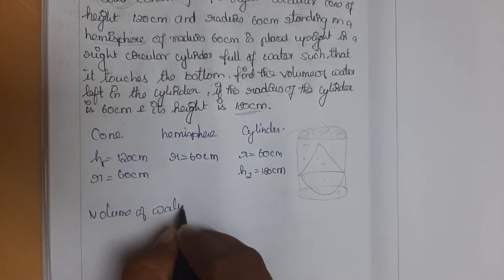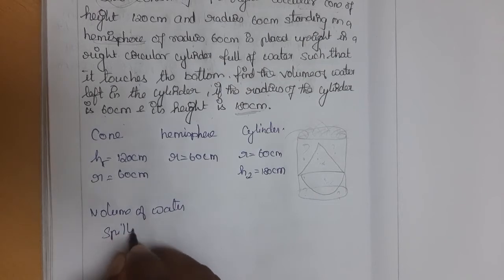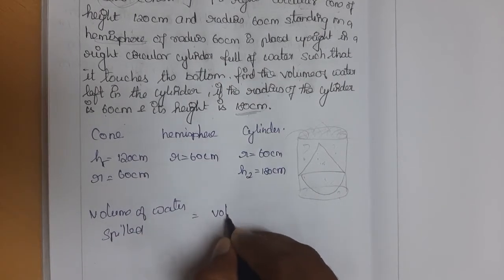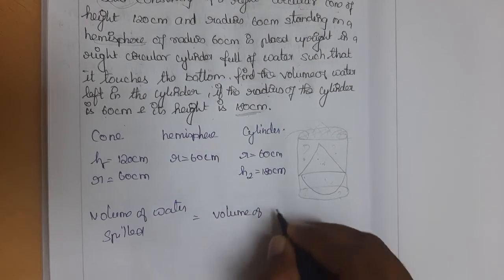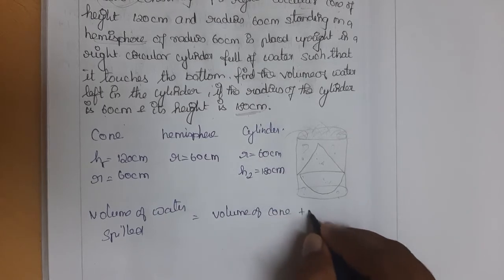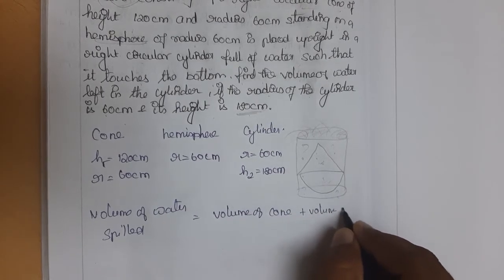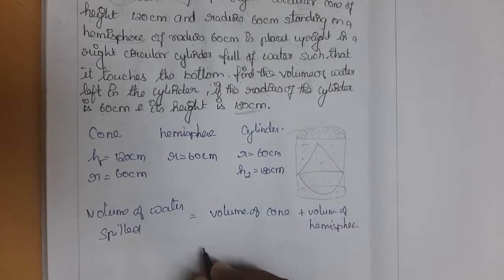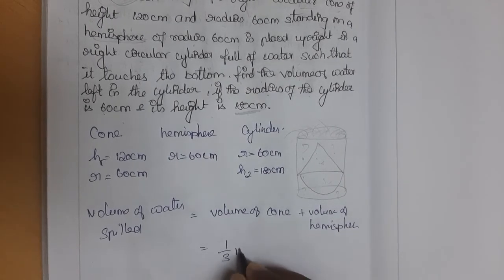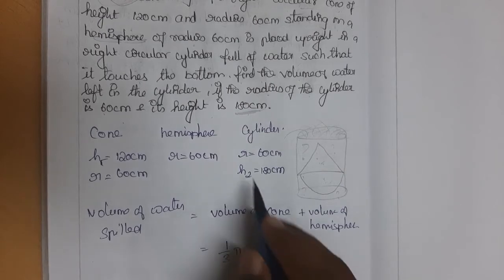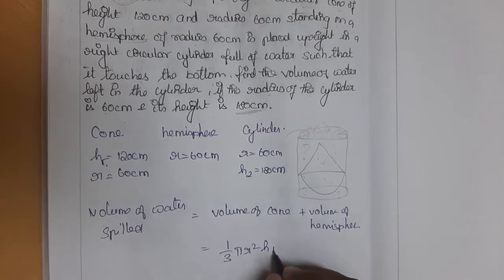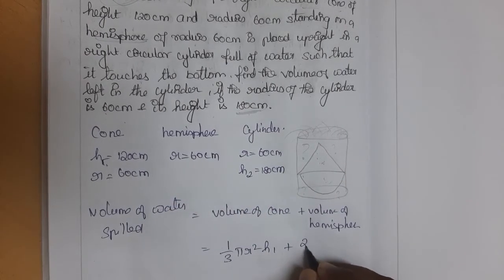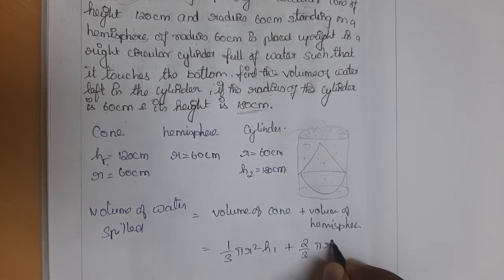Volume of water spilled is equal to volume of cone plus volume of hemisphere. The volume of the cone is 1 by 3 pi r square h1, plus the hemisphere is 2 by 3 pi r cube.